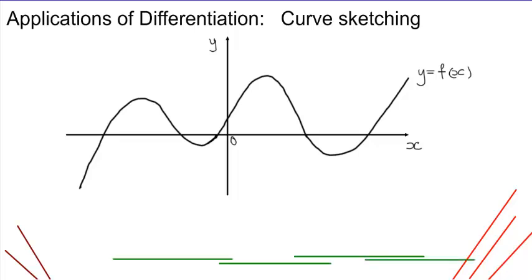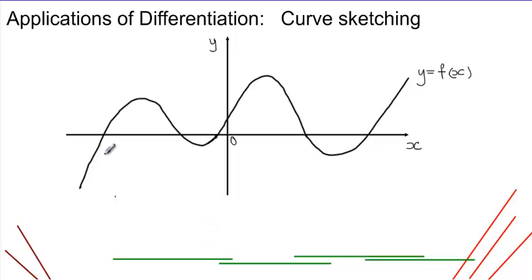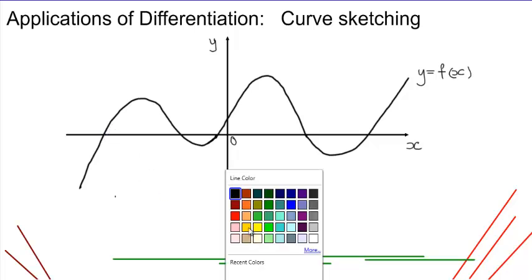Now, thinking about that, when we plot the curve of a function, it's very important to think of what we call critical points. In this case, critical points, I'll be referring to points like the zeros of a function. Let's mark them there. The zeros of the function.